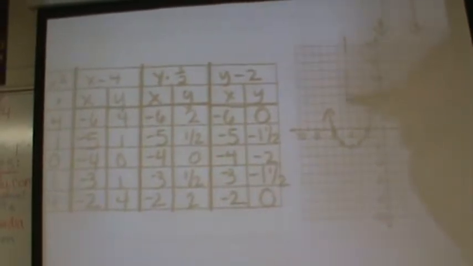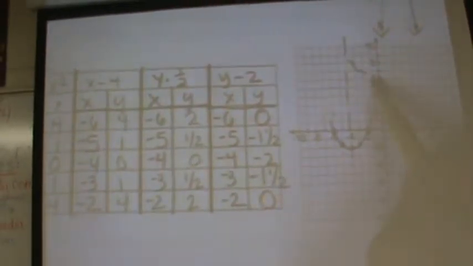If you put a 0 here, 0 plus 4 is 4, 4 squared is 16, half of 16 is 8, and what's 8 minus 2? 6. So 0, 6. What we could do now is plot 0, 6, and we have our axis of symmetry. We didn't plot it, but we can go 4 units the other way.